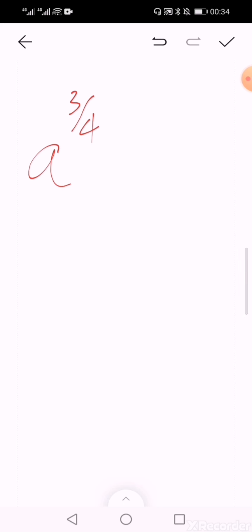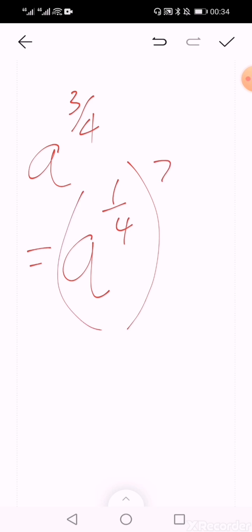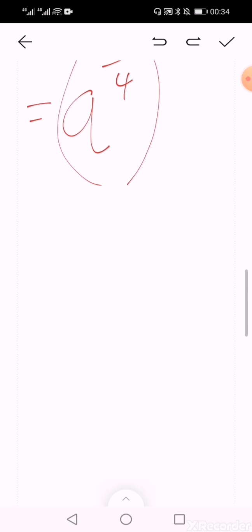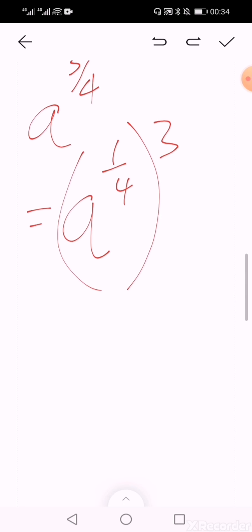Let's write 3 over 4 as 1 over 4 times 3. So now this problem is a to the power 1 over 4 times 3. You will understand that this is the same as this. We talked about simple fractions here. What is the meaning of a to the power 1 over 4?